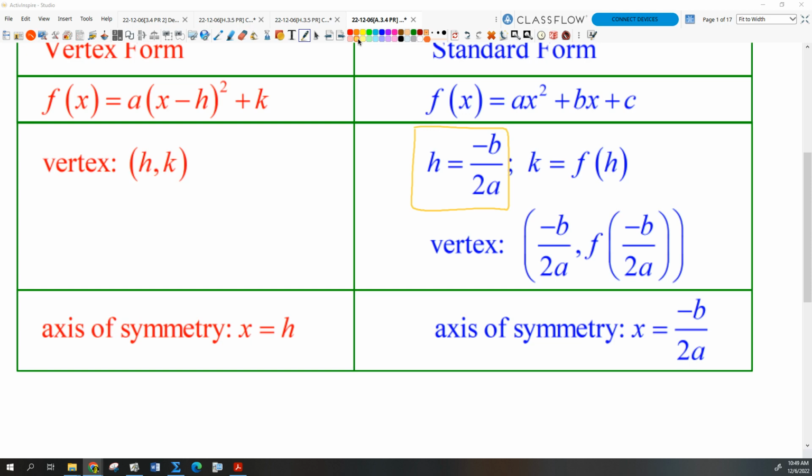Substitute. Yeah, I just plug it in, right? So the output value k is going to be equal to f of h. It's what I get when I plug the h value into the function. I'm just calculating the output. And that gives me the two coordinates of the vertex, and I can graph this just like I did in the last section, the one on vertex form.